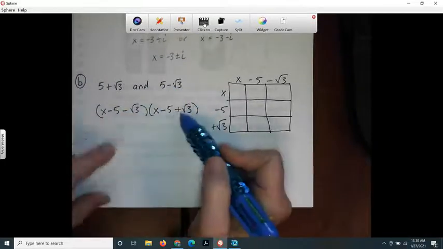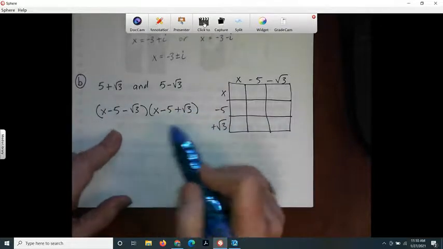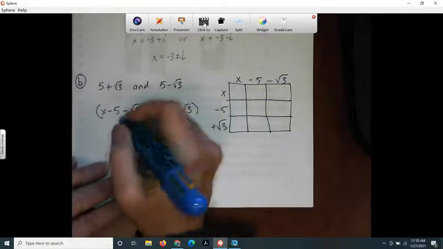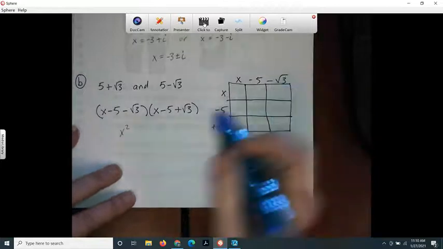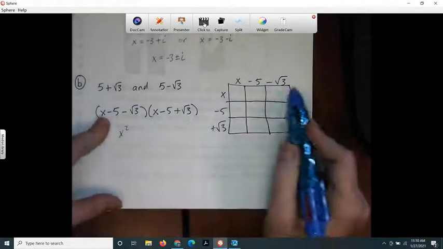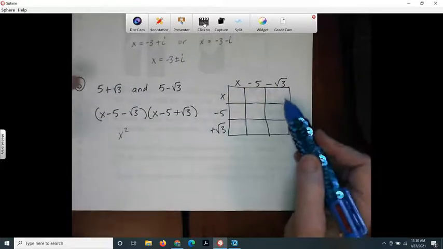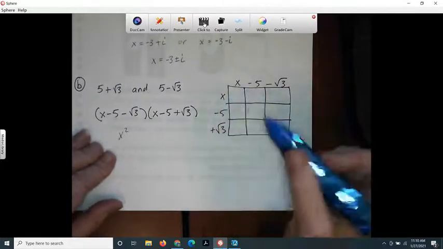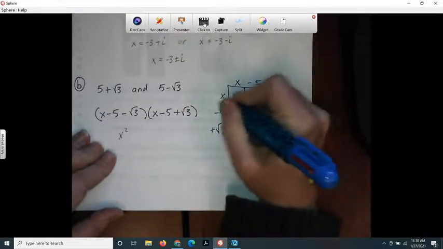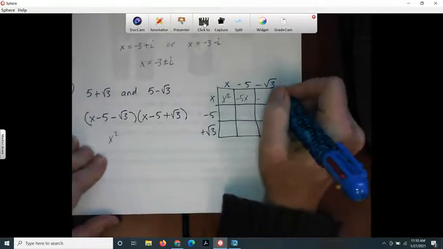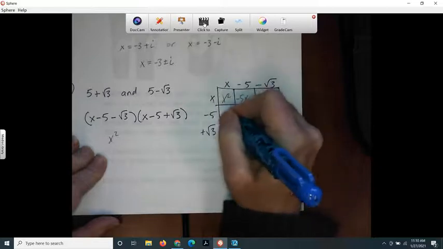These are the two things I'm supposed to multiply together to get the nice trinomial. I know it's going to be x squared plus something x plus something. The way you multiply these together is you make an area model that is 2 by 2. x times x is x squared. This times this, that's negative 5x. This one times this, that's negative x root 3. This one times this one, it's negative 5x.